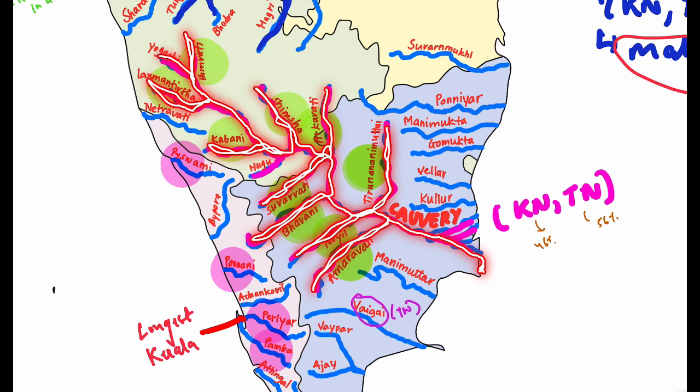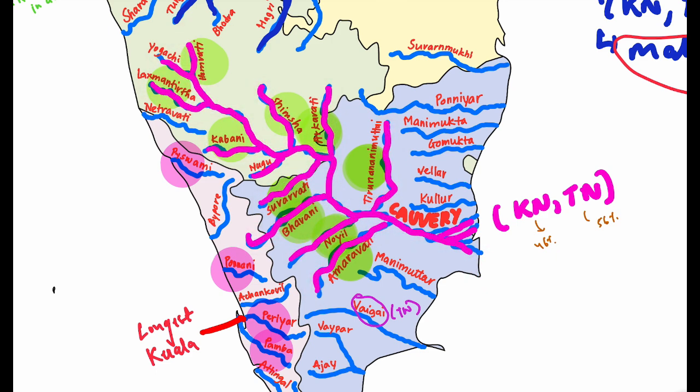Amravati, Noyal, Bhavani, Kabani and Lakshman Tirth are right bank tributaries of Kaveri, and Hemvati, Shimsha, Arkavati. These are left bank tributaries of Kaveri River. So Kaveri River originates from Karnataka and flows in Tamil Nadu. So these two states. Okay, in Karnataka it is 46% and Tamil Nadu it is 56% of basin is there.